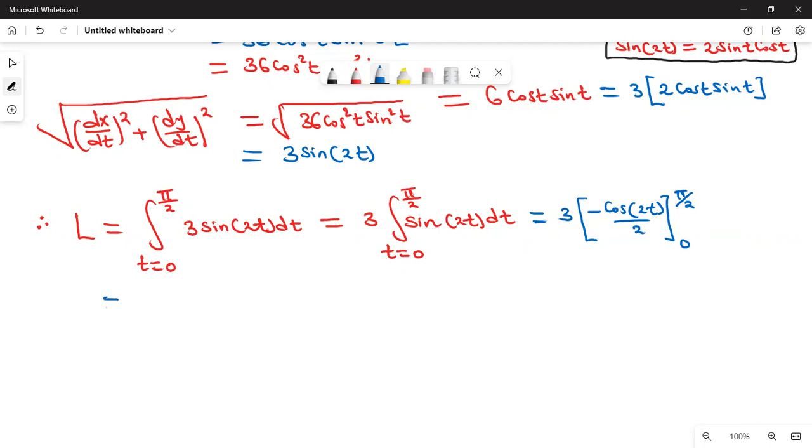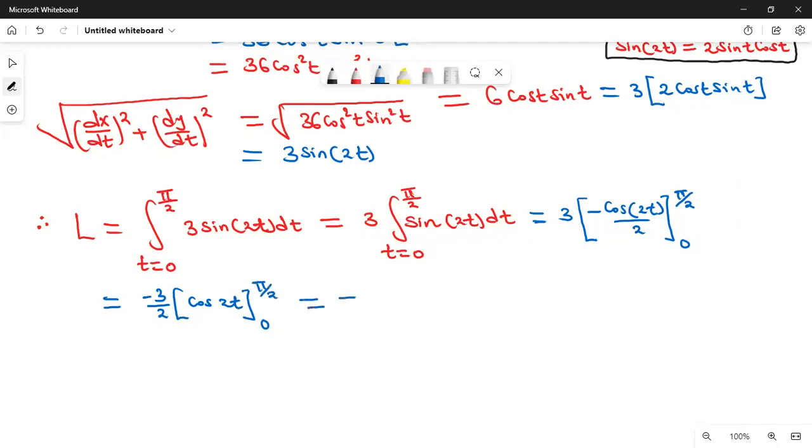This you can as well write as negative 3 over 2, then inside we have cosine of 2t from t equals 0 to t equals pi over 2. Remember, pi over 2 is 90 degrees.